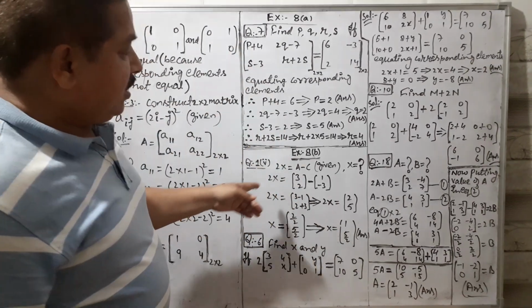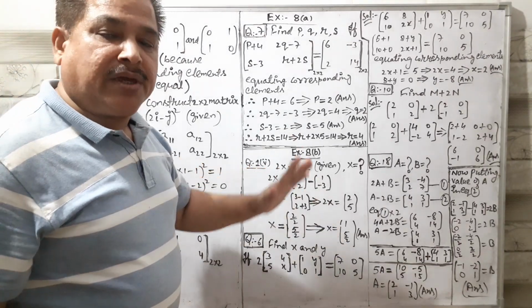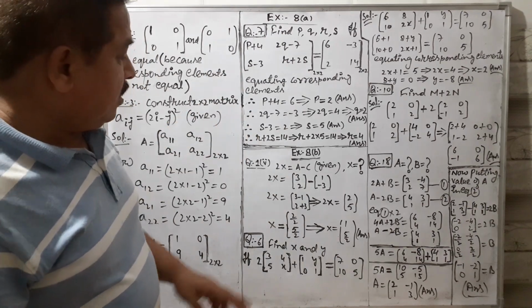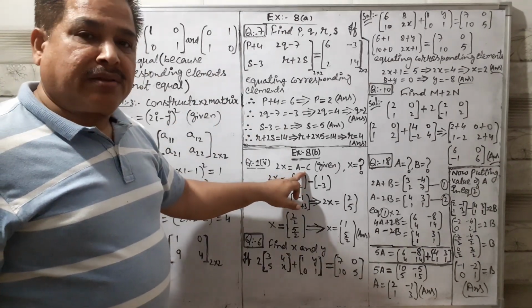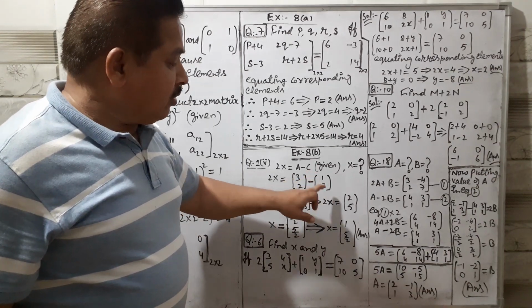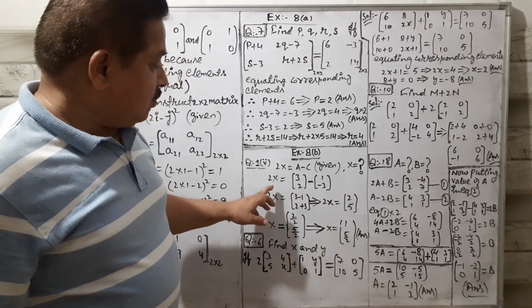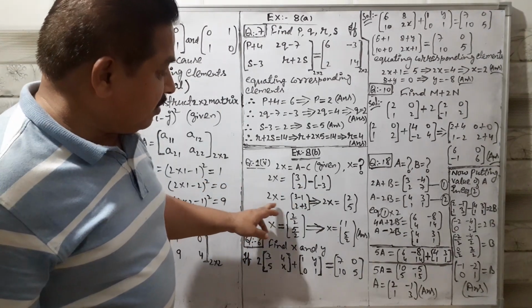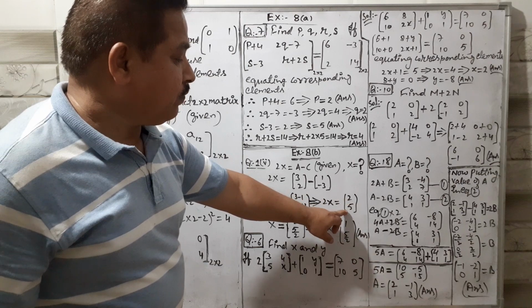Okay. Now see exercise number 8B. 8B is also based on the same method. 2x is equal to A minus C. A value is given in the book and C value is also given there. So the minus sign is there. Subtract the matrices. After subtraction, what will come? 2, 5.